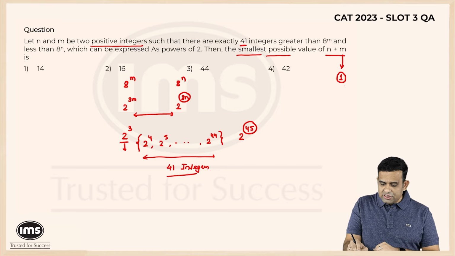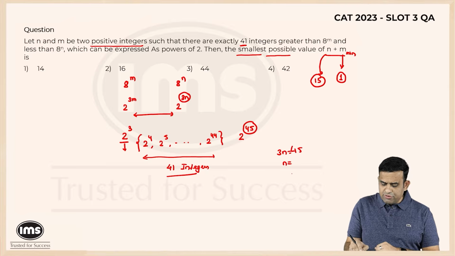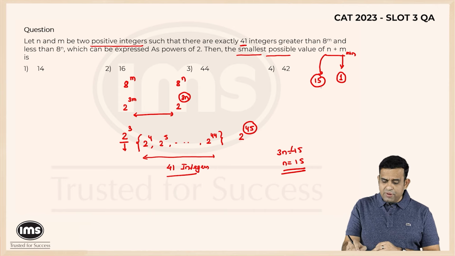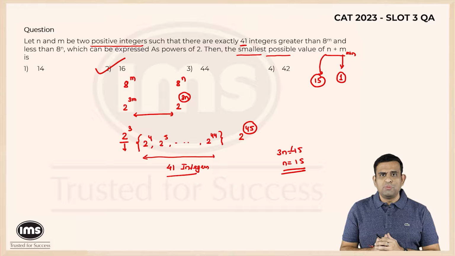So we have seen the smallest value of m is 1, and the corresponding smallest value of n happens to be nothing but 15, because if 3n is 45, the value of n becomes 15. So the value of m plus n minimum will be nothing but 16, and hence option number 2 is the answer for this particular question.